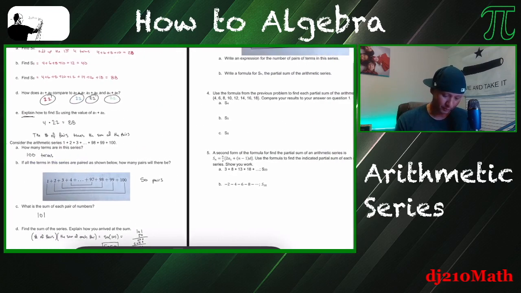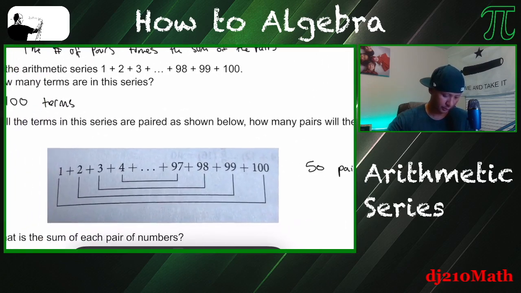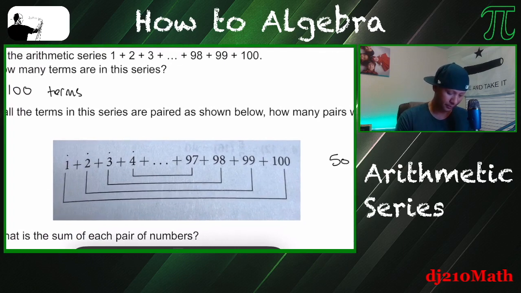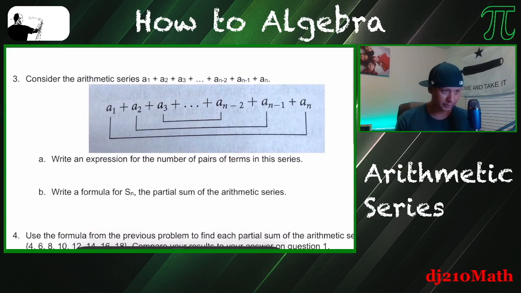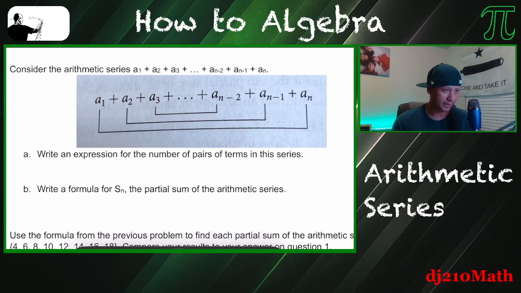Notice that this was an arithmetic series because each number is one larger than the previous number. The common difference is 1. Because it was arithmetic, this process works. Now in general, any arithmetic series would look like this: A sub 1 plus A sub 2 plus A sub 3, all the way up to A sub n.